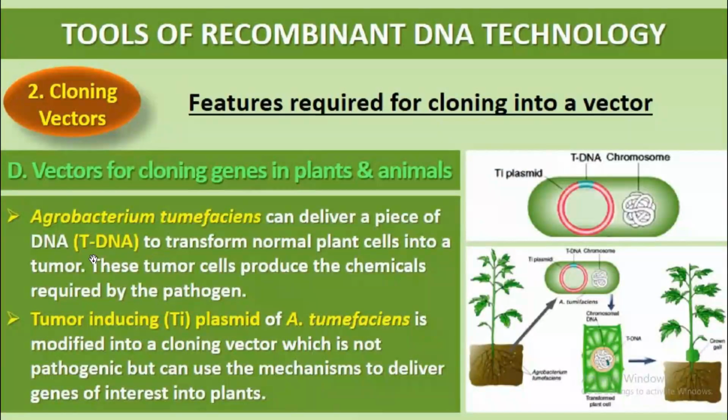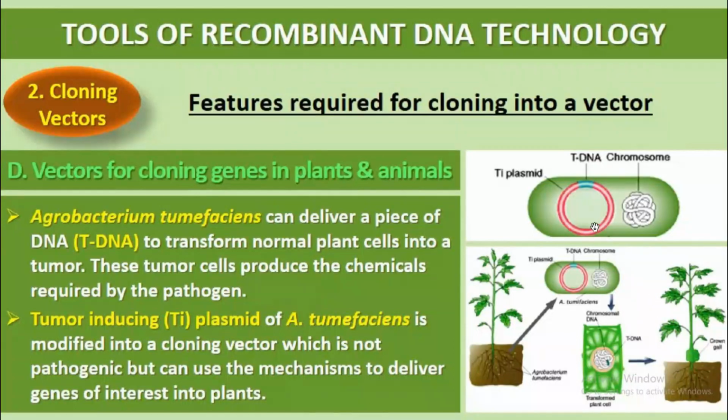Then what about this Agrobacterium tumefaciens? It can give you a piece of DNA. That DNA is known as T-DNA. It transforms normal plant cells into a tumor. Here you can see normal plant cells turning into a tumor. So these tumor cells produce the chemicals required by the pathogen.